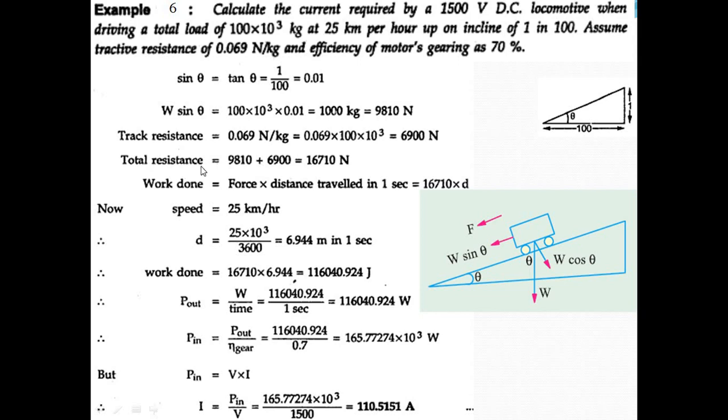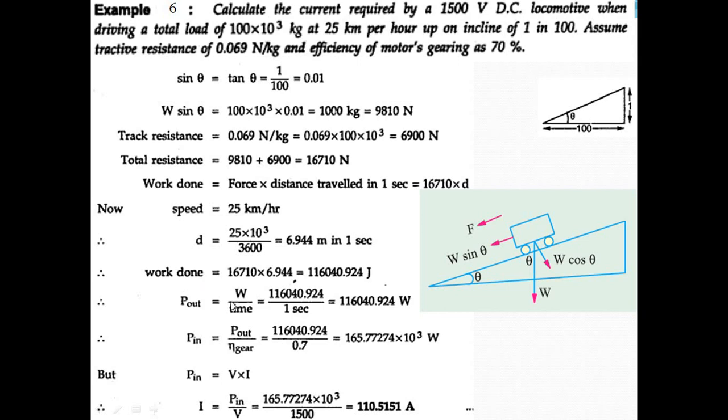So total resistance, that is the force, is equal to 16710. Now the speed is given in kilometer per hour, so convert that into meters per second. So speed is equal to 6.944. So work done is equal to, here we are getting the value.